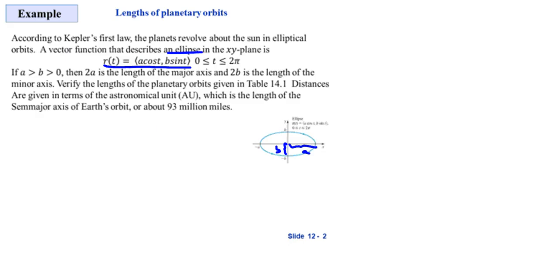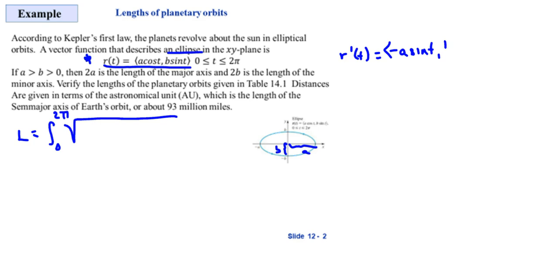Okay, so I'm going to find the arc length, and I'm going to assume that it's in this elliptical path. It's going to be the integral from 0 to 2 pi of the square root, and I'm going to find r prime of t, which will be negative a sine of t, b cosine of t.